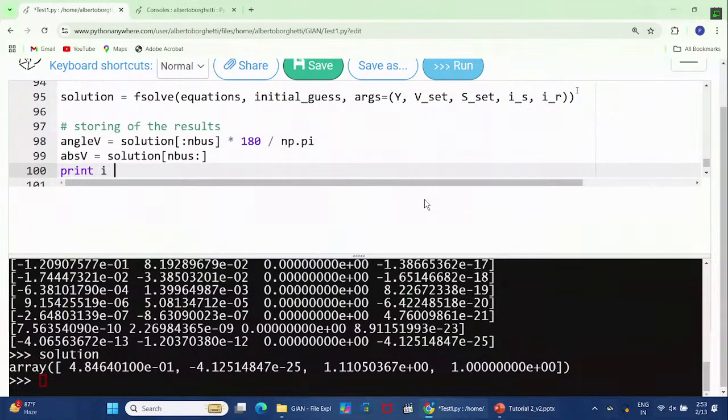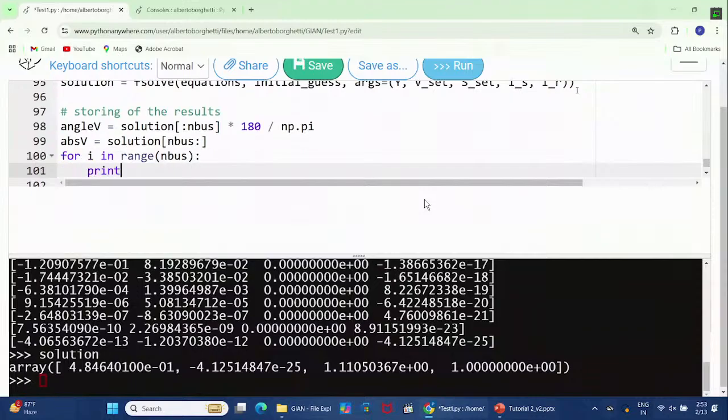Print, I do apologize, for i in range n_bus, column, print, and the formatted print will be f, and then we need to say, I don't know, we can say voltage in bus, and then it is the bus, we can say here i plus 1, because we are starting numbering the bus from 1 and 2, and in Python it is 0 and 1. And then it is equal to the abs.